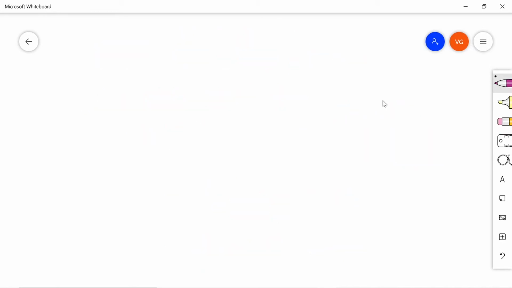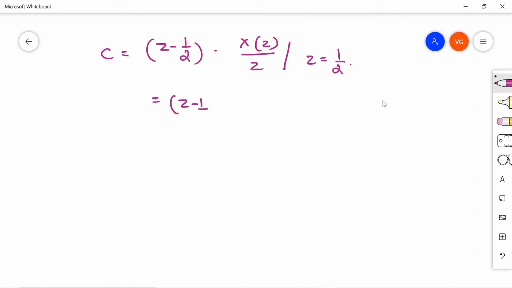Same way, let us calculate for C. So C is given by the term (z - 1/2) multiplied by X(z)/z at z is equal to 1/2. So put the term (z - 1/2). X(z)/z is what? (z + 1) divided by (z - 1) whole square multiplied by (z - 1/2).